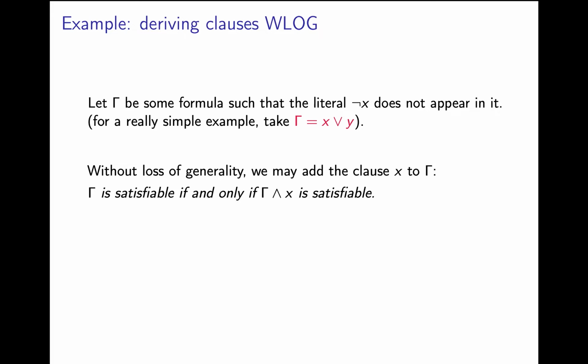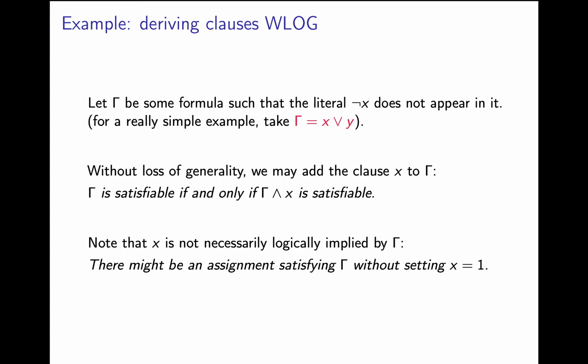Here, the justification is that we're only trying to prove unsatisfiability, and adding x to gamma does not change its satisfiability status. In other words, gamma is satisfiable if and only if gamma and x is. This is because since x does not occur negatively in gamma, it cannot possibly hurt to assume that it is set to be true, which we achieve by adding the clause x to gamma.